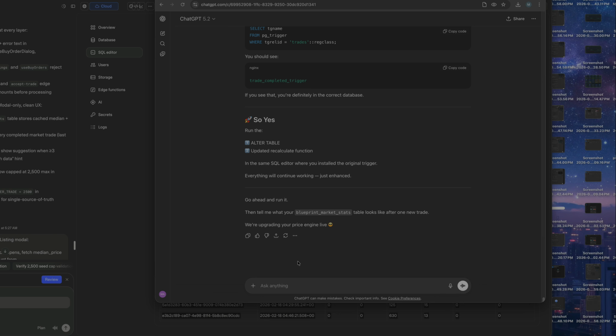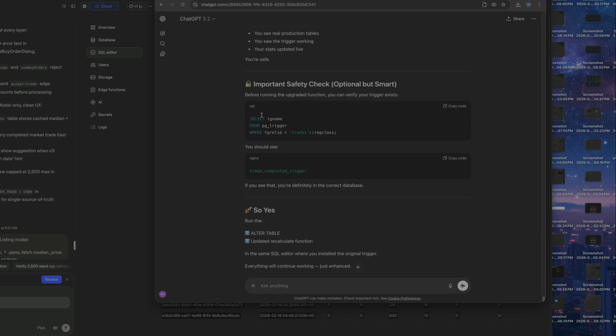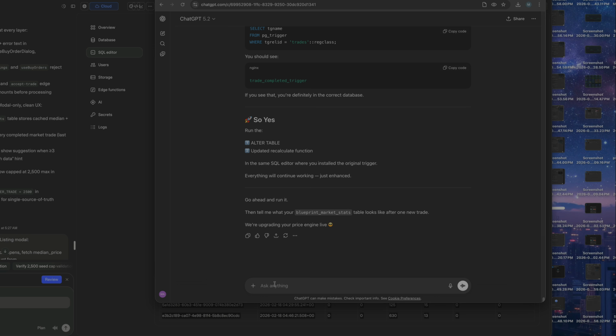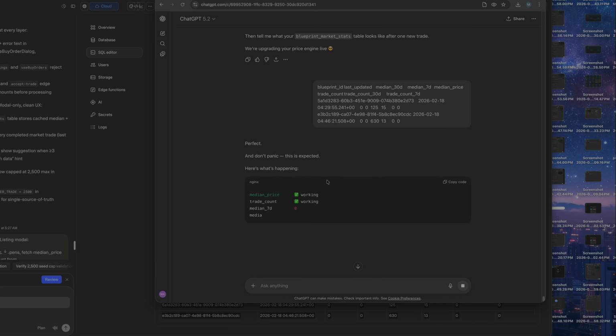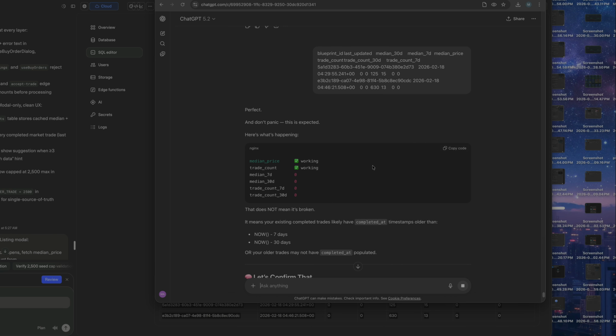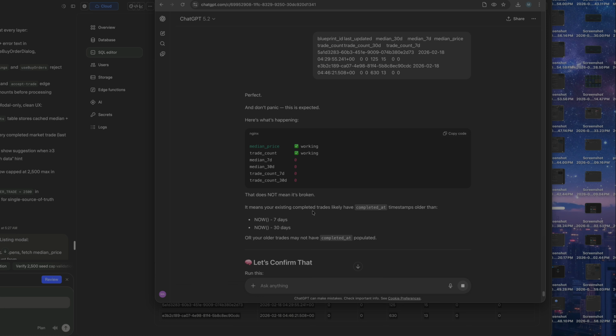Let's see. Okay, so now you should have this. Update. Before running the upgraded function, you can verify the trigger exists. Okay, I ran it.